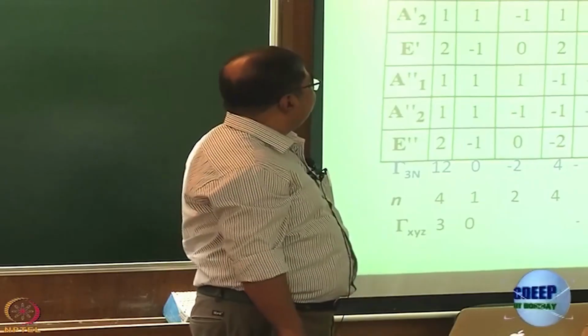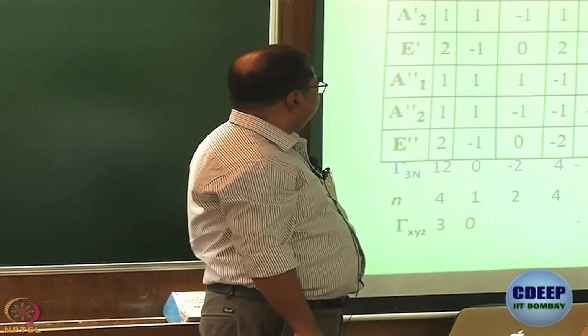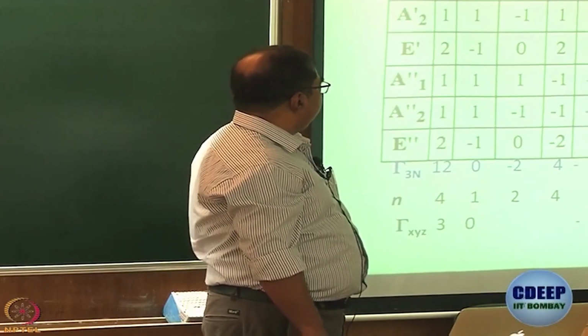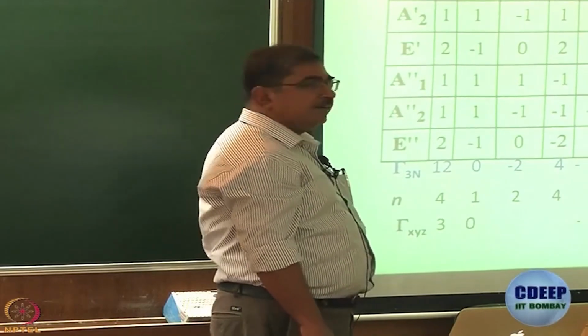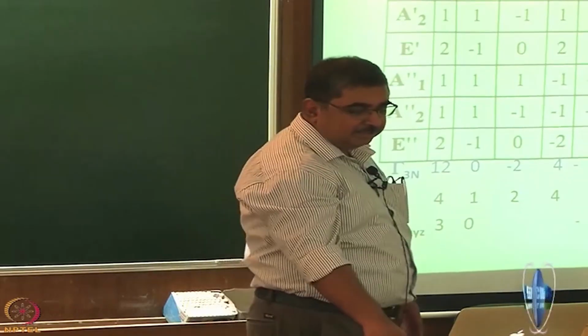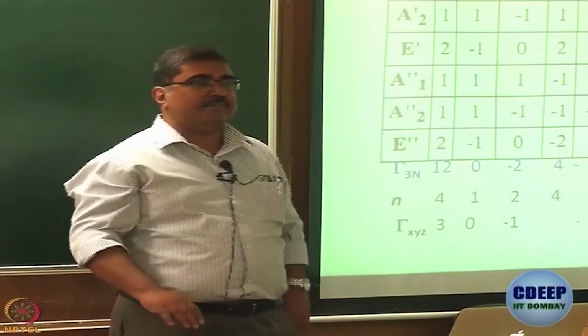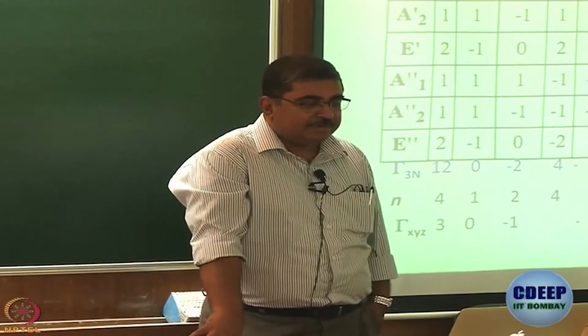So what will be the character for C2 dash? 0 plus 0 minus 1? Is that -1? What will the next character be? What is the character for sigma h?